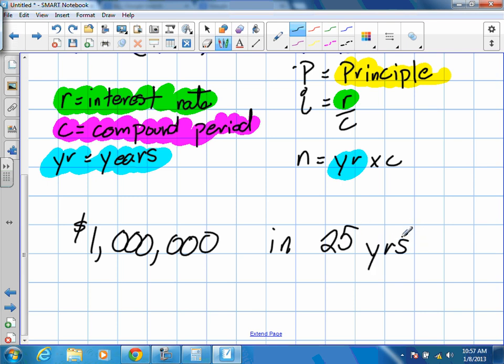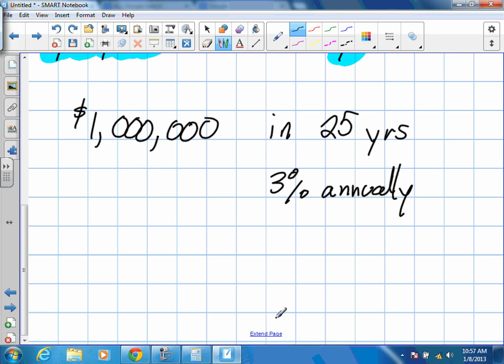The bank, because they know I'm going to have to invest probably a large amount, is willing to be pretty generous, and they're going to give us 3% annually. But it's going to be compounded differently this time. We're going to say they compound it weekly. That's very nice of them, because most banks wouldn't do that. So compounded weekly.